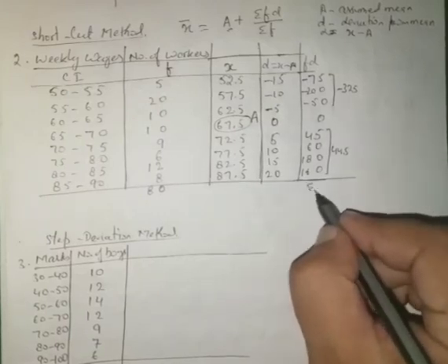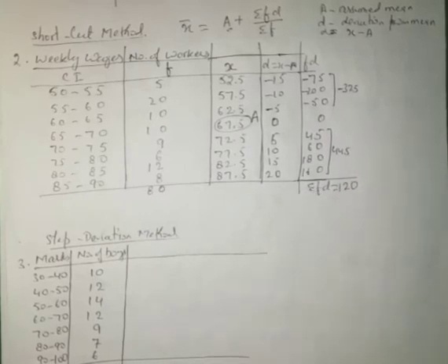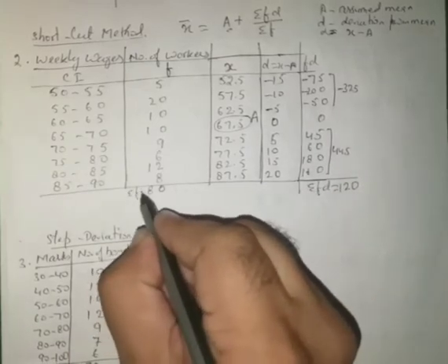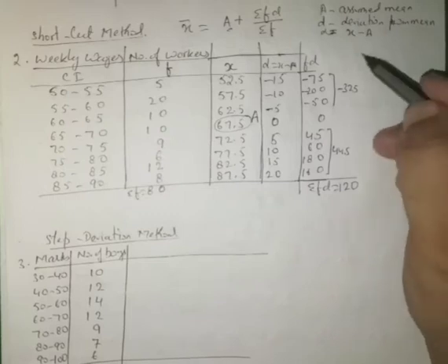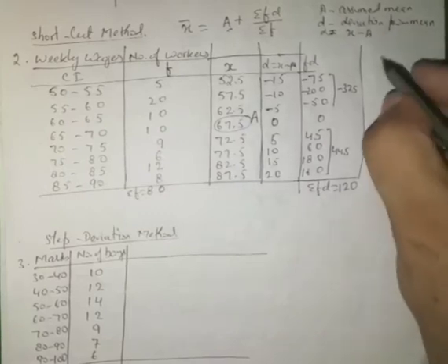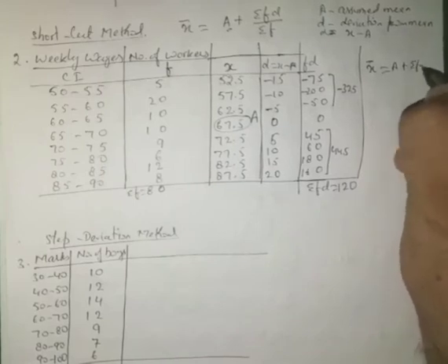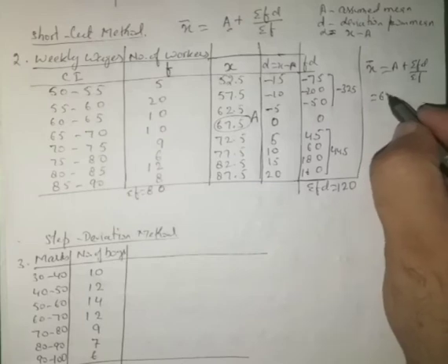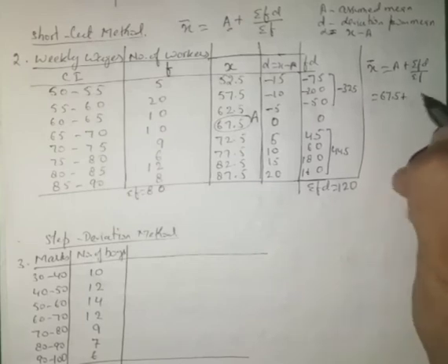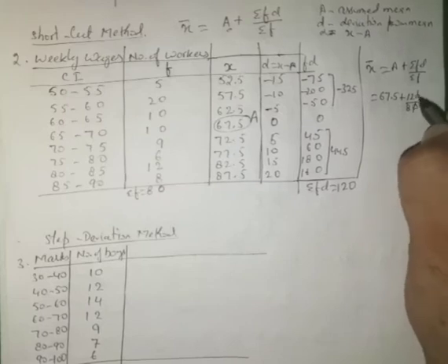So here the summation FD will be equal to 120, and here summation F is equal to 80. So the sum of all these frequencies is 80. Now using the formula, x bar is equal to A plus summation FD over summation F. In this question the value of A is 67.5 plus 120 divided by 80.